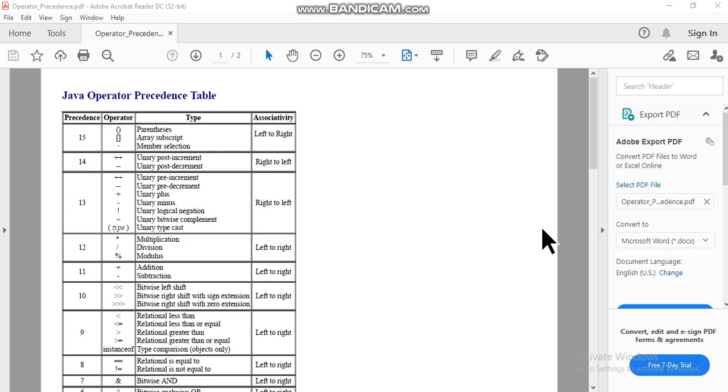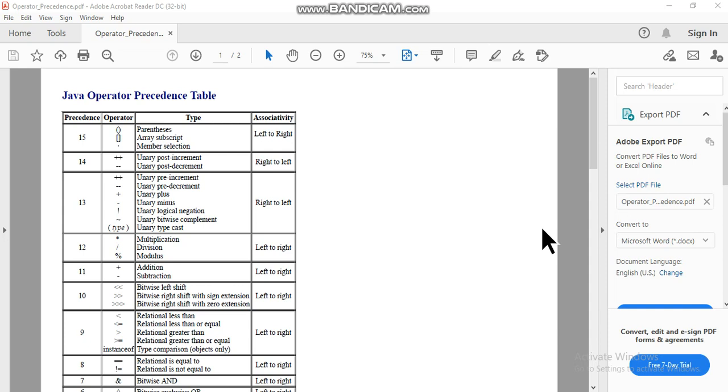After that we have the relational operators: less than or equal to, greater than or equal to, and instanceof. Instanceof is another important operator. Basically it's used to check whether an object is an instance of a particular class.